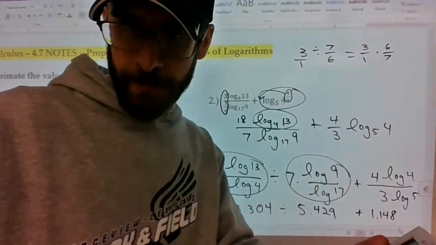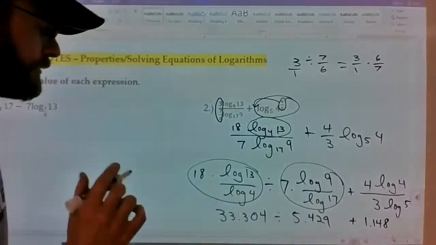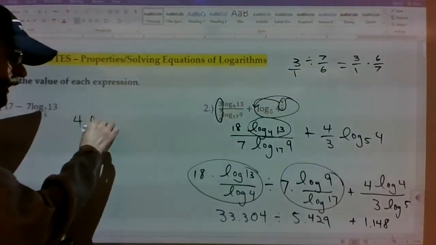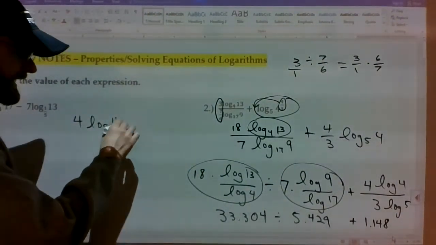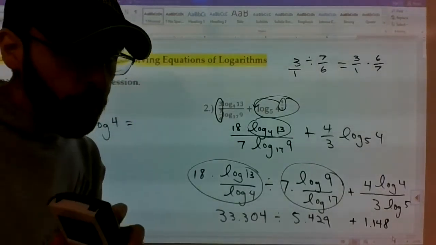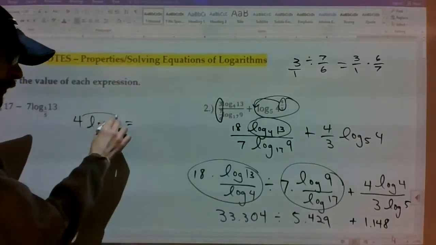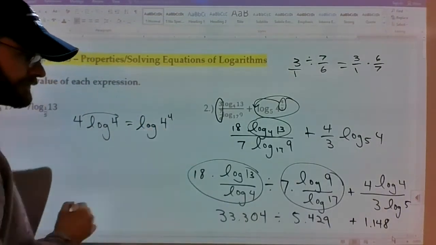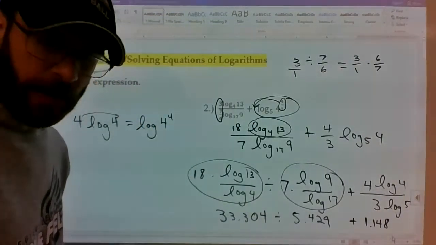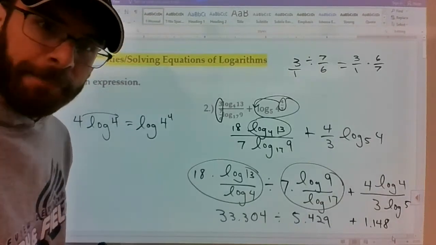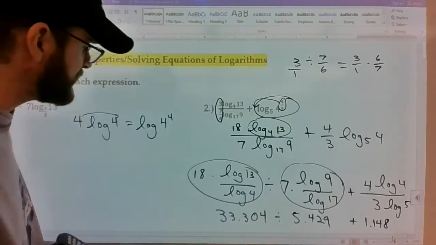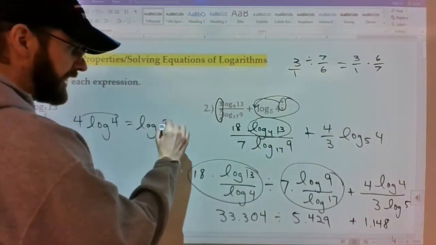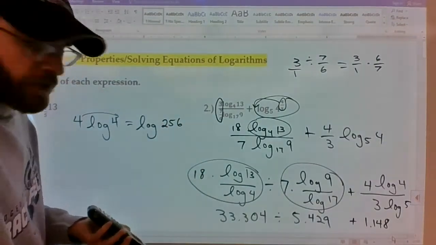Sorry, you couldn't see that part for a while there. 4 log of 4 can be rewritten, if you wanted, as log of 4 to the 4th power, if that's easier for plugging into the calculator. I just happen to know that 4 to the 4th power is 256. That makes it easier to check our work.